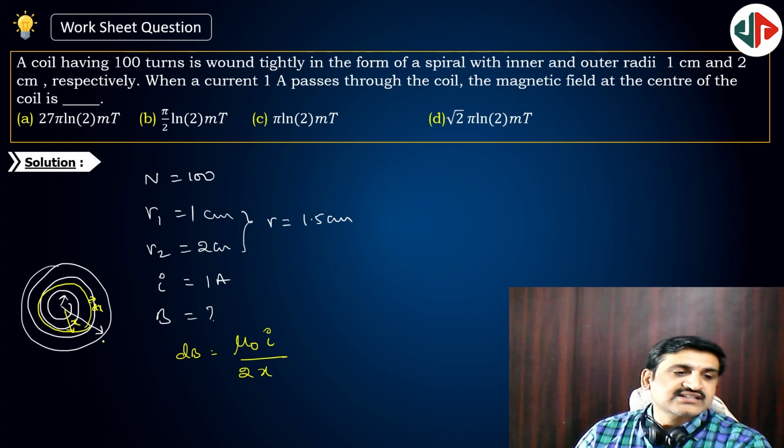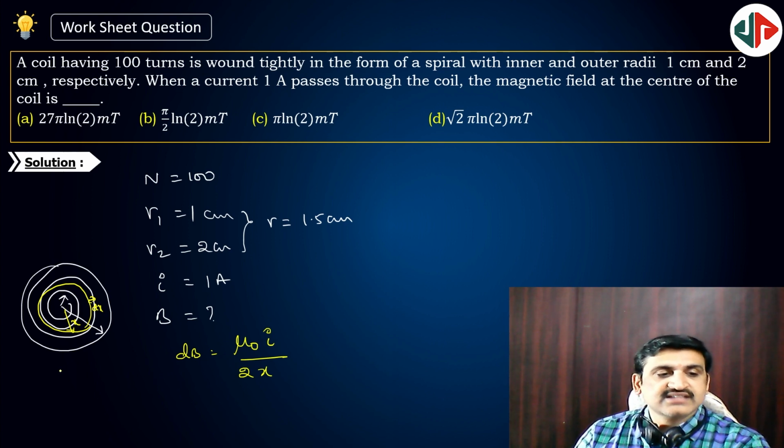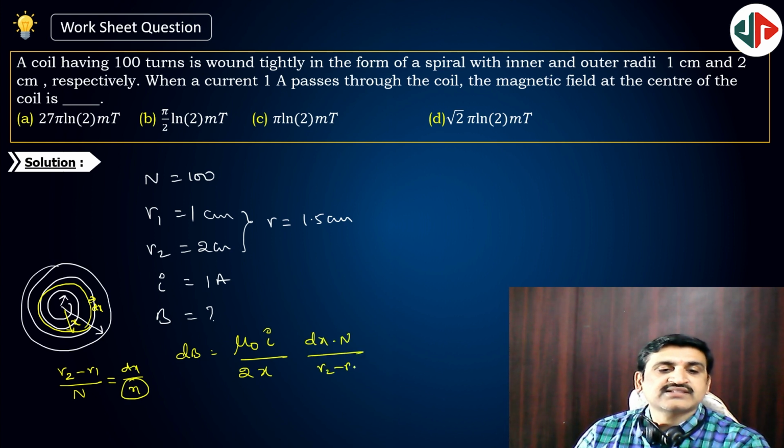In the dx thickness, how many loops will be there? R2 minus R1 by N gives the loop density, so the number of loops is dn equal to dx into N by R2 minus R1.